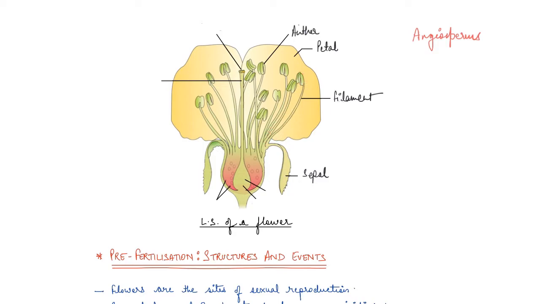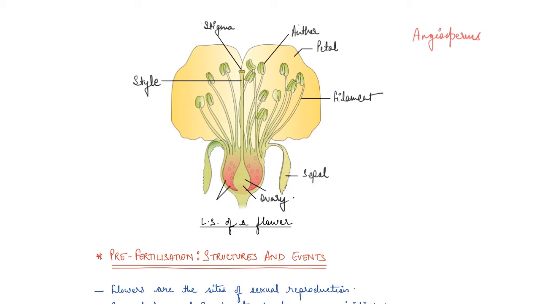Okay, and the female reproductive part is this one. Now that consists of stigma, where the pollen grain lands, and you have style, and then at the end you have nothing but ovary. Okay, so this is the basic section of a flower and the various parts that it has.